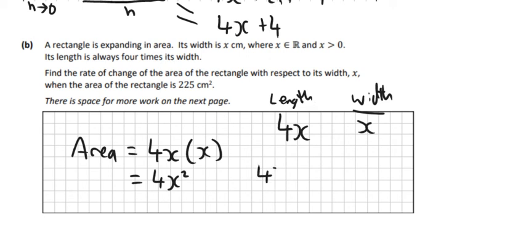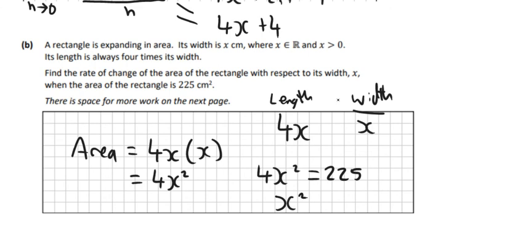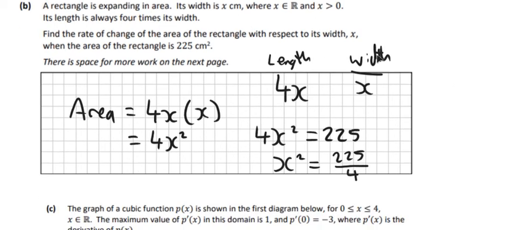So if we let 4x squared be equal to 225, let's divide by 4.